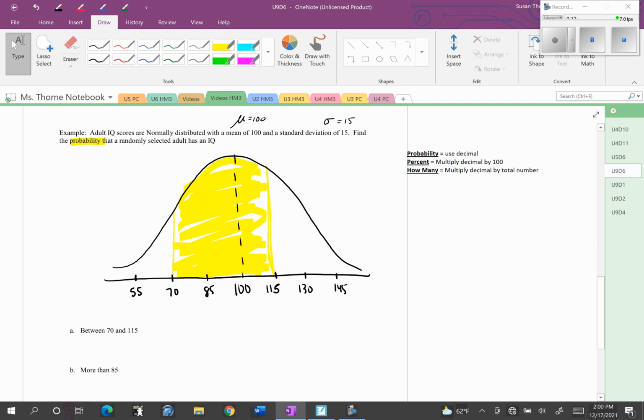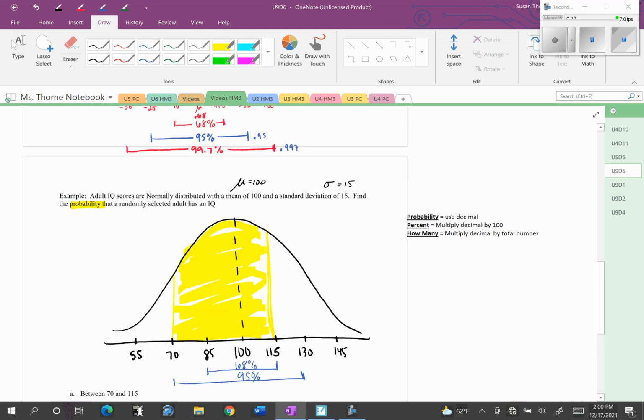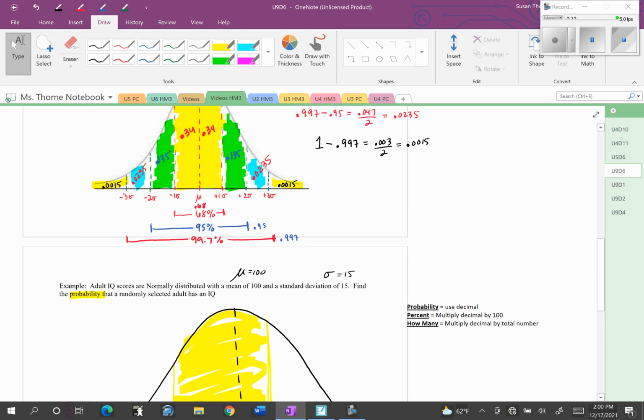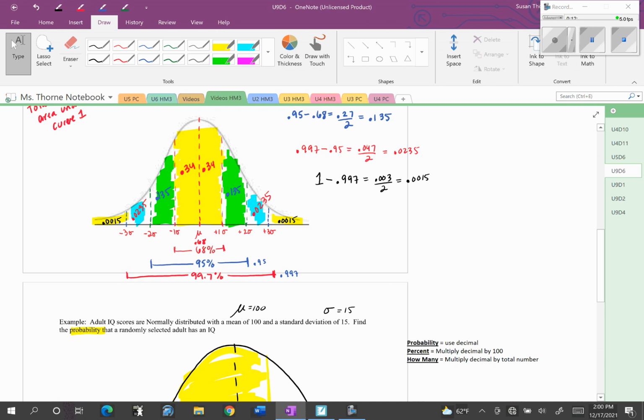So we know that 68% of the data lies within one standard deviation. And we know that within two standard deviations, we said that was 95%. So we figured on up here, in order to figure out this green part, we took 95 minus 68, or 0.95 minus 0.68, divided by 2.